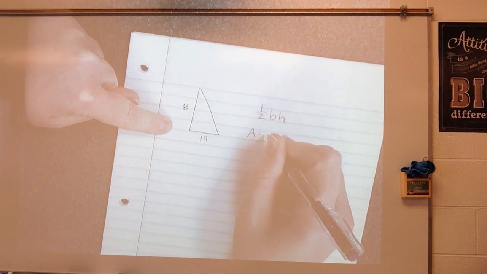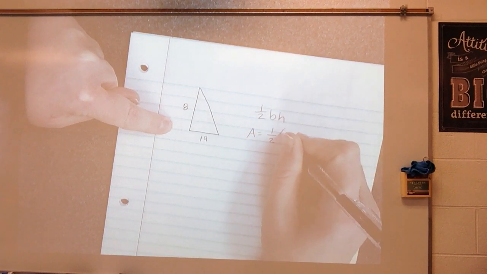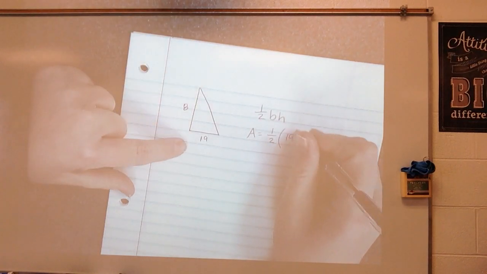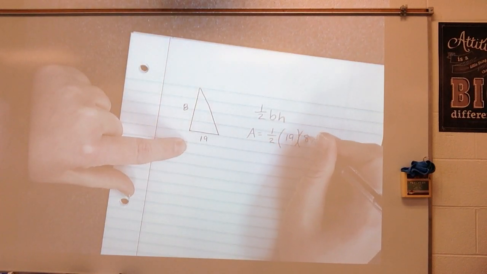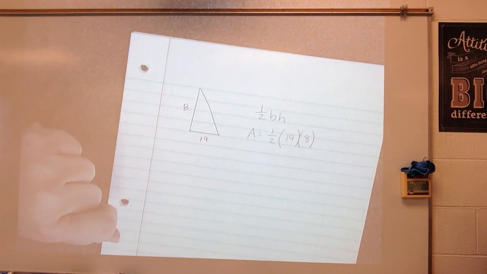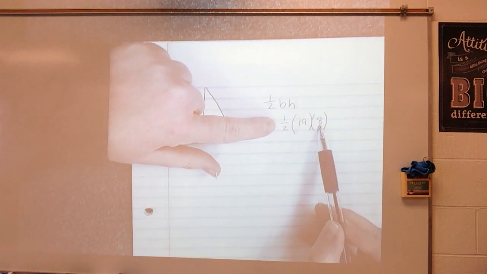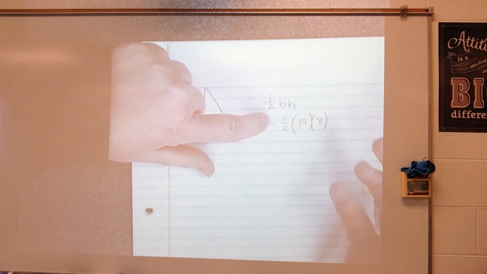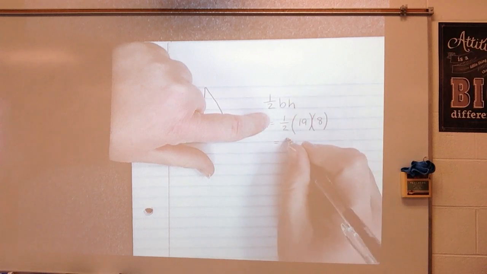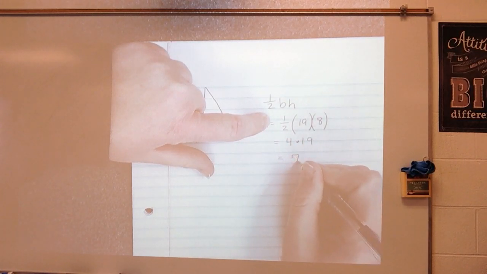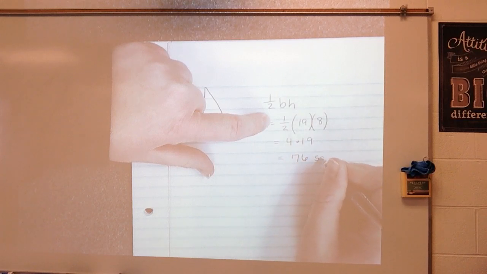So area equals 1/2 base times height, and it doesn't matter if you put the 8 or the 19 first. I can multiply the 1/2 times the 8, which would give me 4 times 19, which gives me 76 square inches.